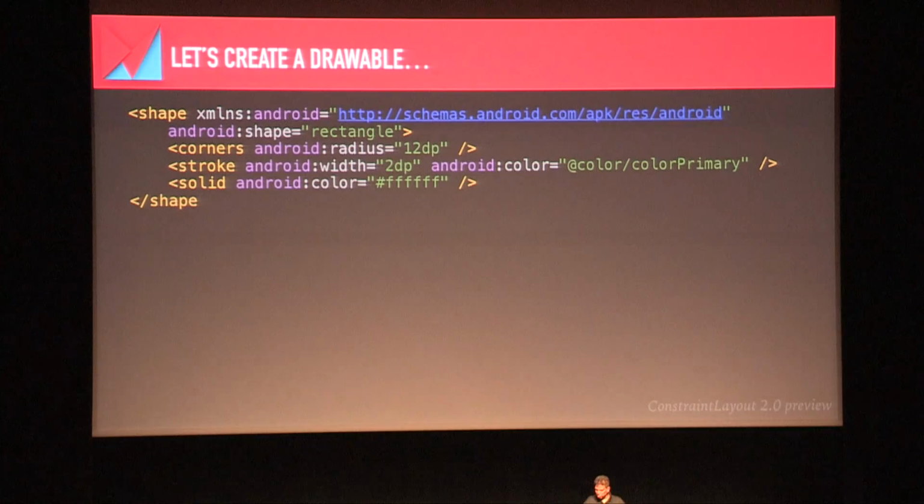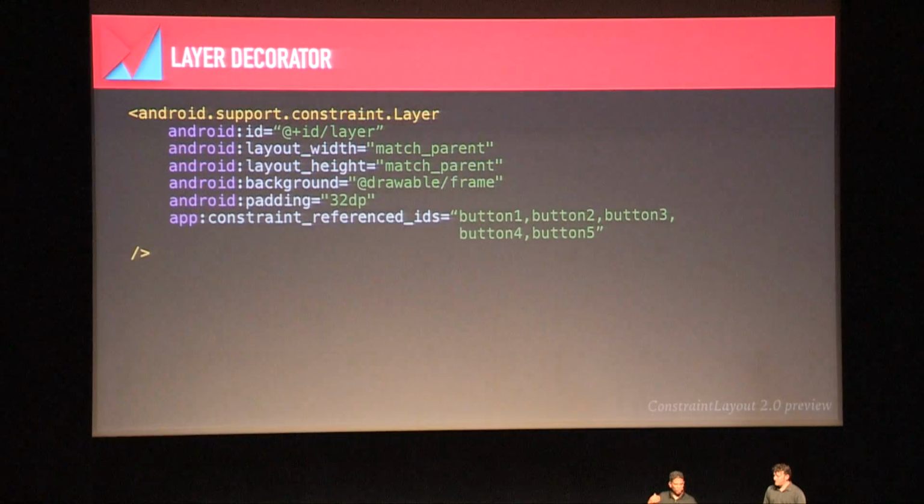In this case, you just create one. In this particular example, we're going to take a shape object, and we're going to stick it as the background in a layer.